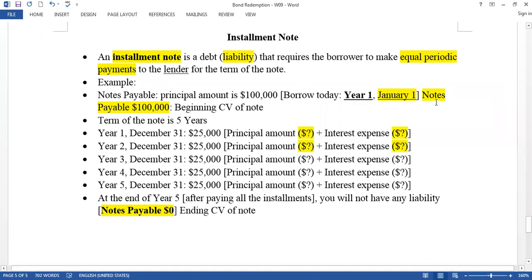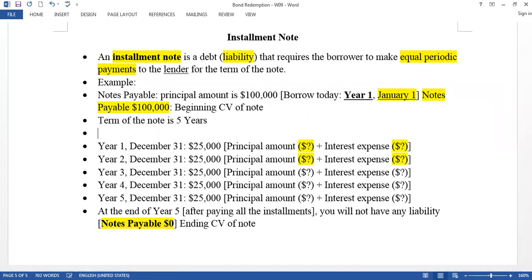Now I give you another information. So the principal amount is $100,000, and we know that the term of the note is 5 years. And for example, the interest expense rate is 5%.